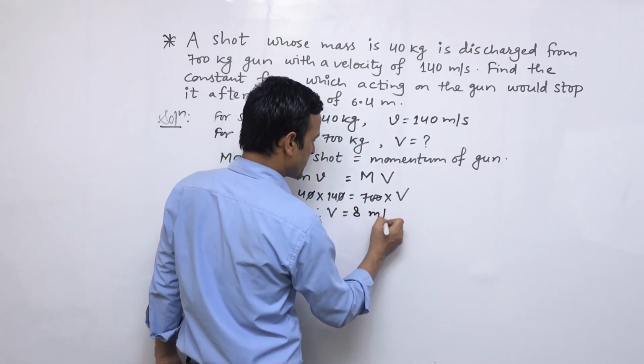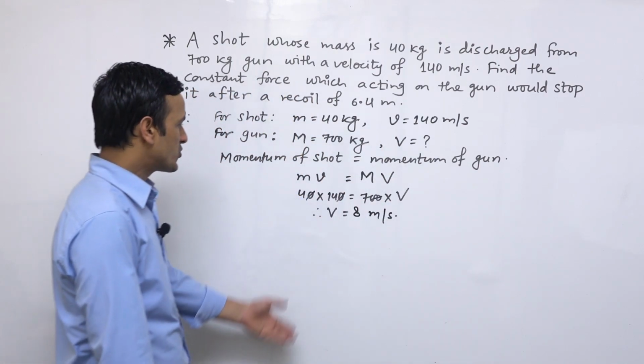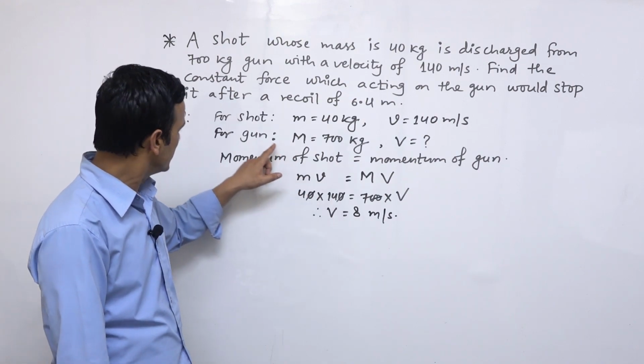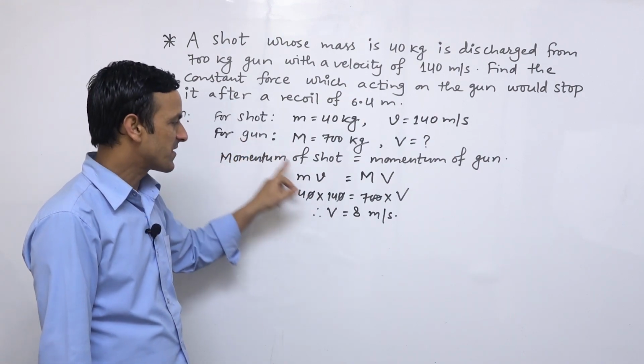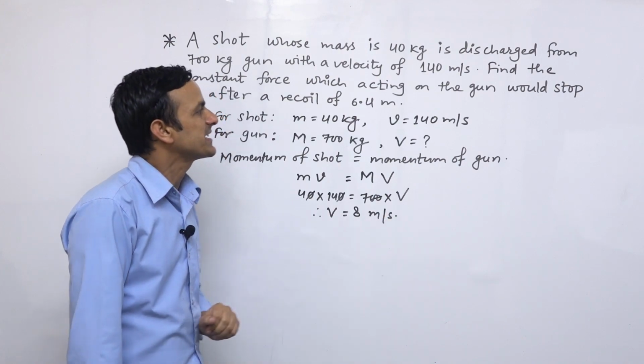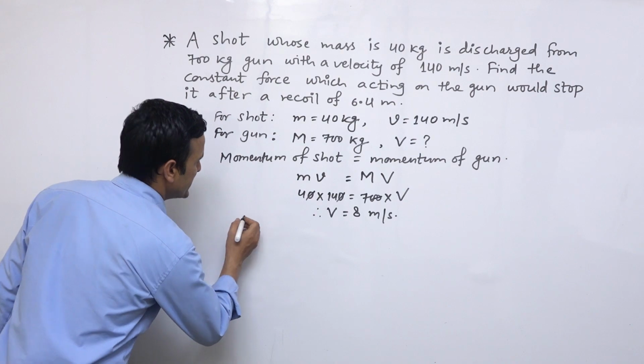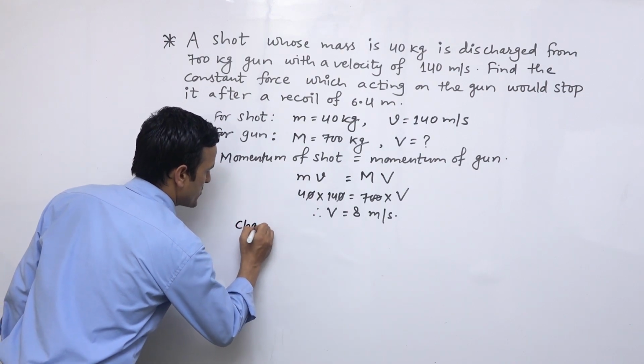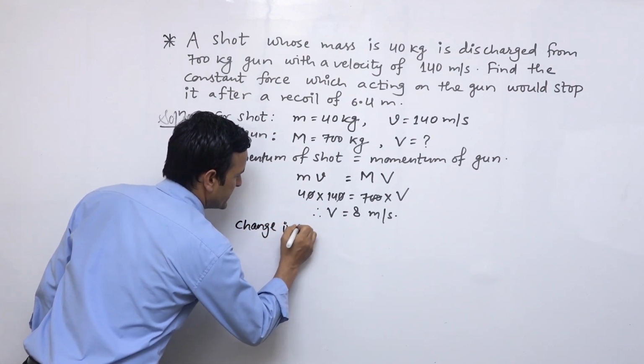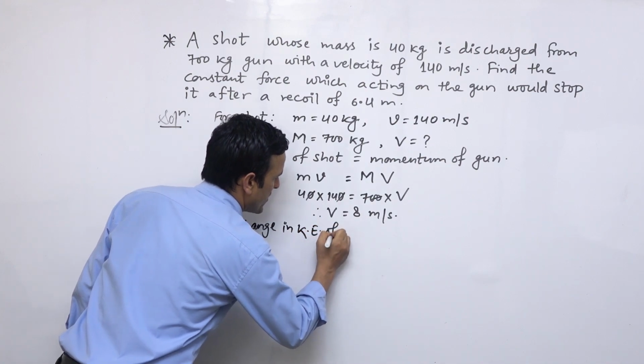So 8 meter per second. So this one is the velocity for the gun. Velocity of gun is 8 meter per second. So now we can write down the change in kinetic energy now. Change in kinetic energy of the gun.